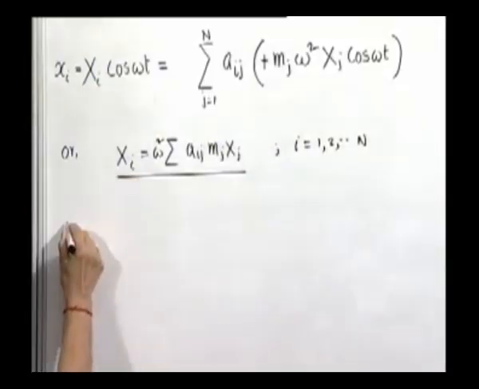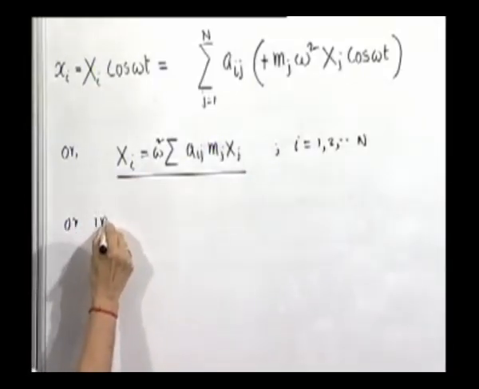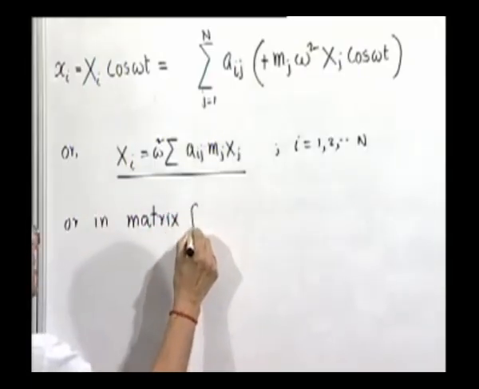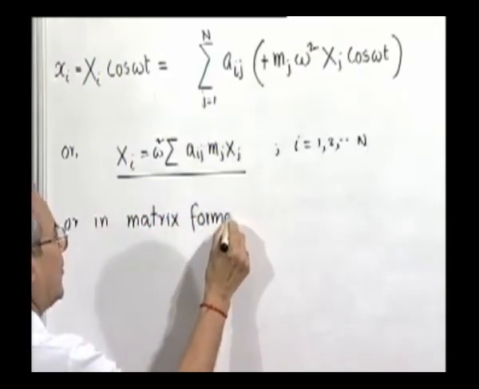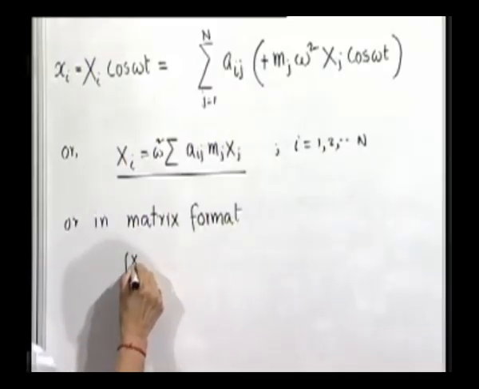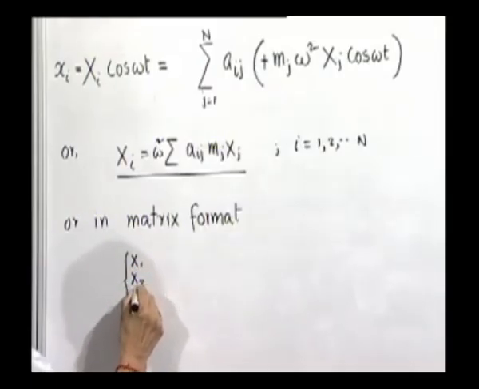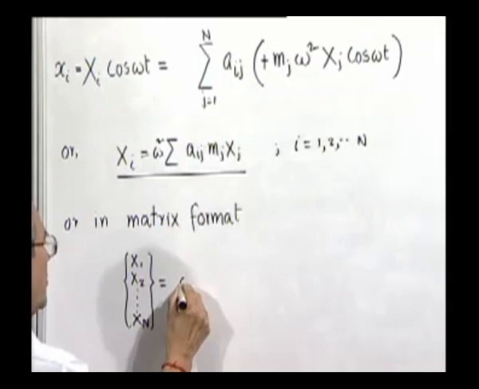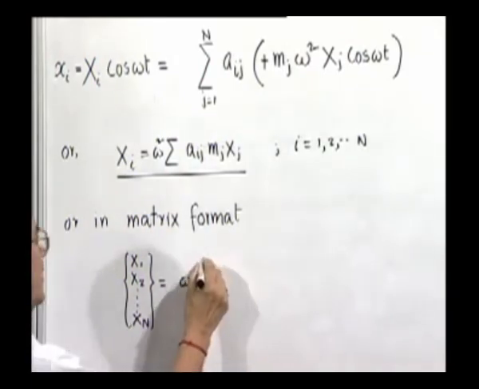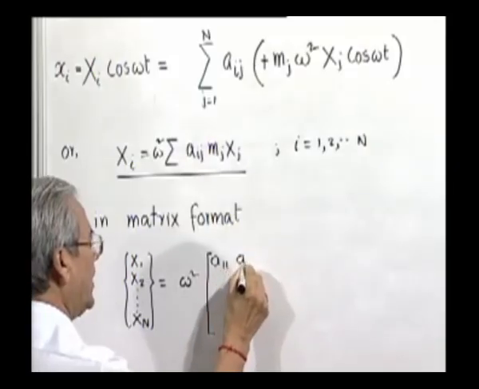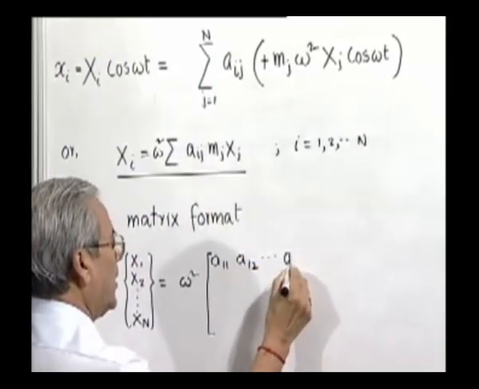So, in matrix form, all the equations can be represented. This will be x1, x2 up to xn is equal to omega square, A11, A12, up to A1n.